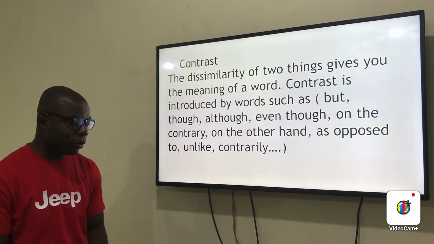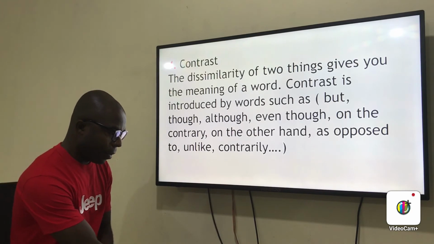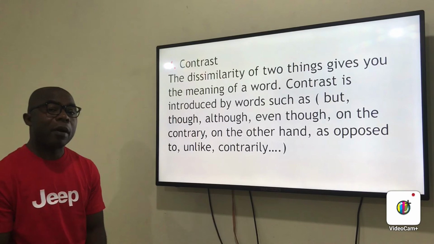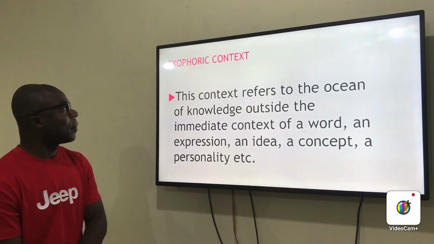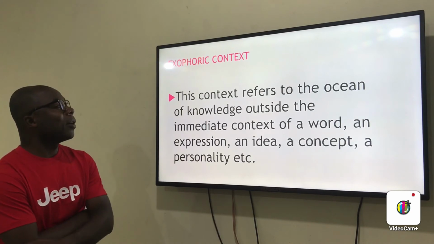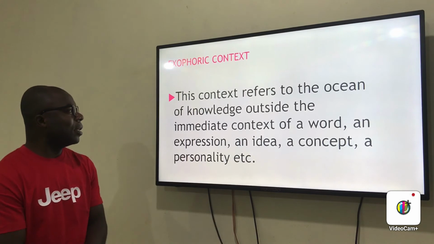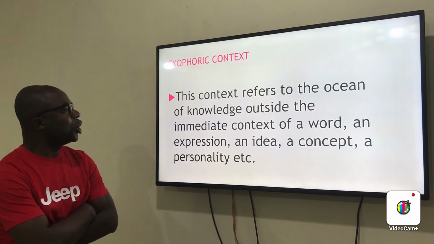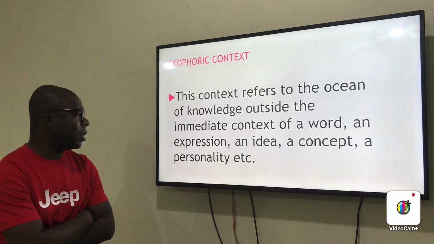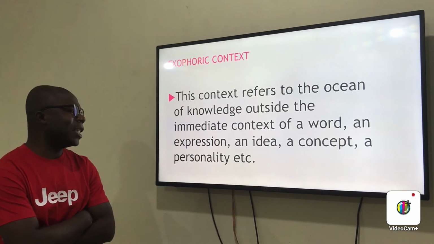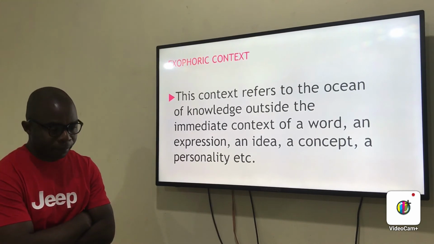That takes us to the other type of context, which is the bigger one. This is exophoric context, outside. This context refers to the ocean of knowledge outside the immediate context of a word, an expression, an idea, a concept, or a personality.